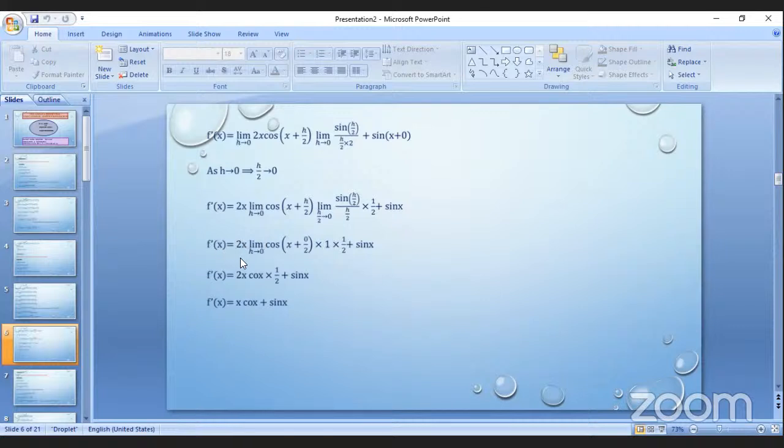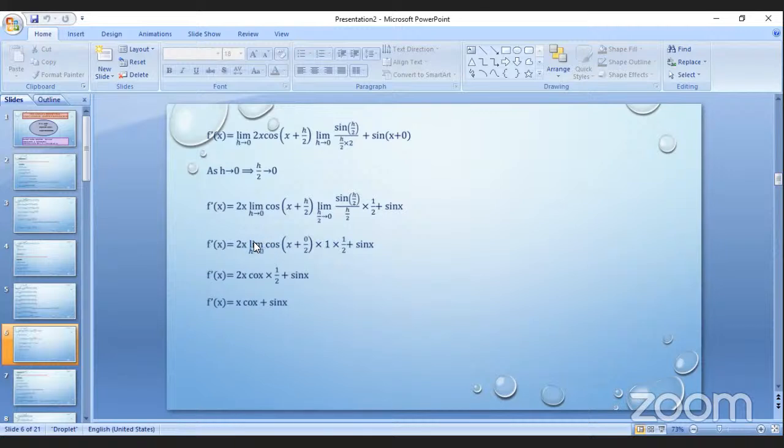f'(x) = 2x limit h tends to 0 of cos(x + 0/2). Sorry, we are applying the limit, so there is no limit h tends to 0 here.